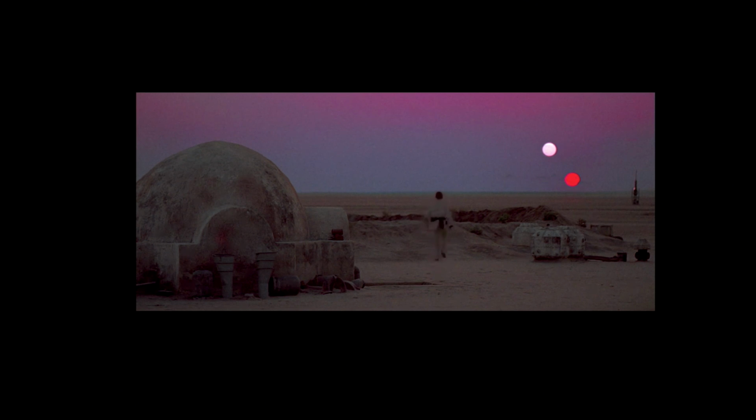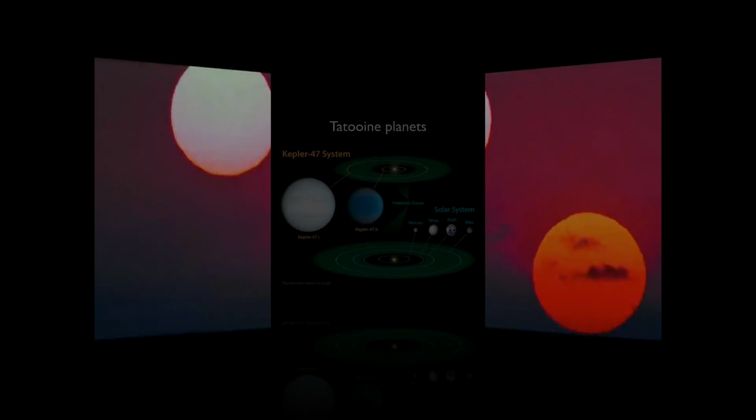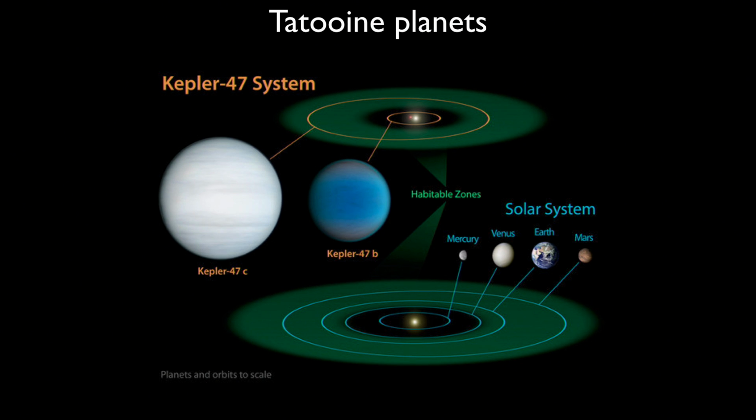All right, so this is an iconic image from Star Wars, the 2 suns in the sky. And a cool discovery from Kepler was planetary systems like that. Obviously, the only part we know about is the 2 suns in the sky part. So this is the Kepler 47 system for scale. The green ring is supposed to represent the habitable zone.